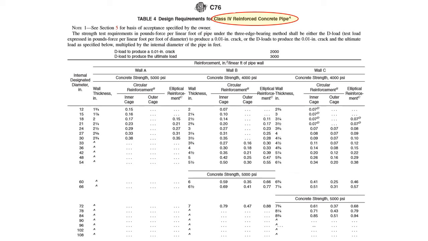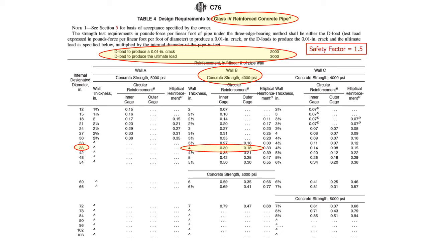In this instance, a Class 4 pipe has to be able to carry 2,000 pounds per foot of ID per foot of length before it gets a 0.01 crack. This specification tells us, the manufacturers, what the compressive strength of the concrete has to be and the steel placement in the pipe to meet this load requirement. This also carries a safety factor of 1.5.